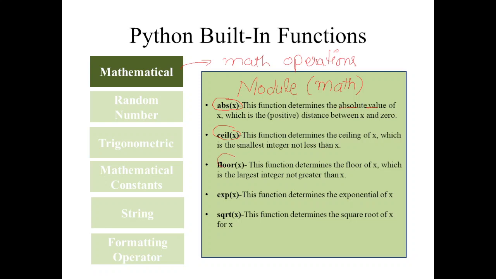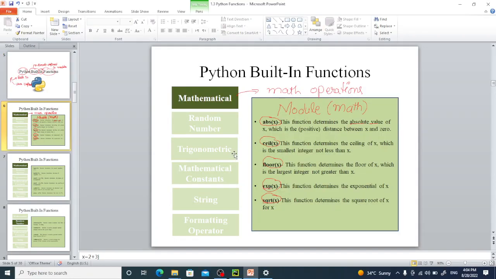Similarly, next is floor, which is also used to round off, but it rounds off in such a way that it will display the lower value. Next is used to determine the exponential value, and similarly next is used to determine the square root of any number. So let me execute this one by one by using our software so that we can get clear on it.